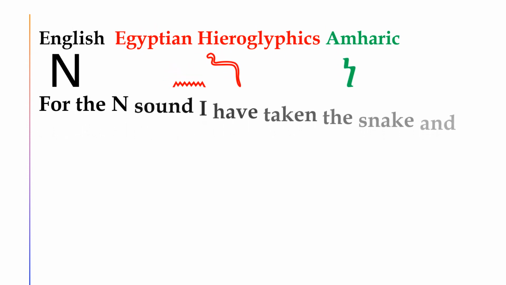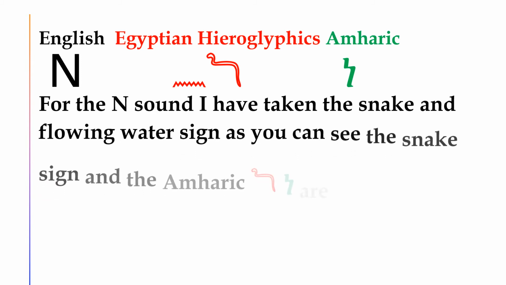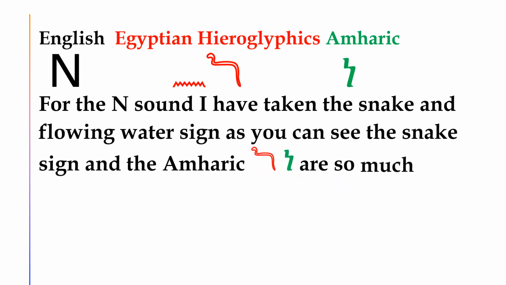For the N sound, I have taken the Egyptian hieroglyphics for a snake and also what looks like the sign of water flowing. The water flowing, the Western scholars have assumed an N sound for it, so I have taken that as they have, but I have also added the Egyptian sign or symbol of the snake, because as you can see, the sign looks so similar to the Amharic na.